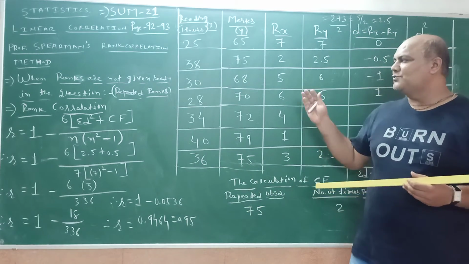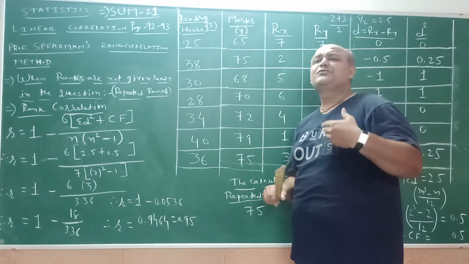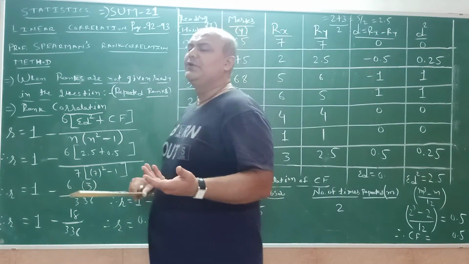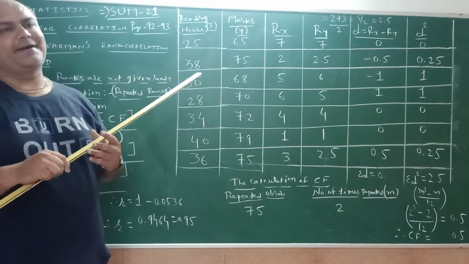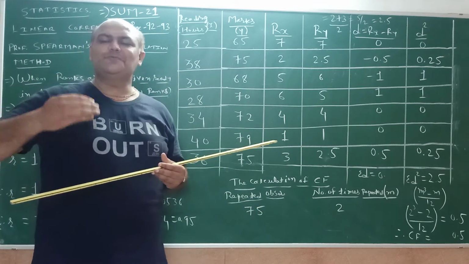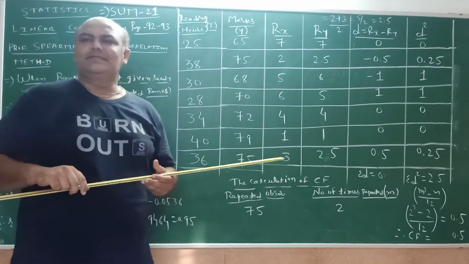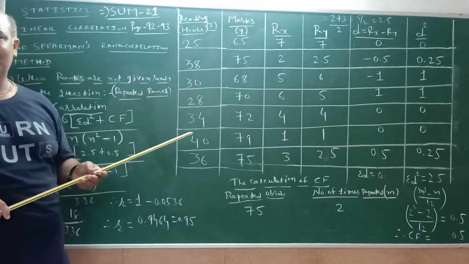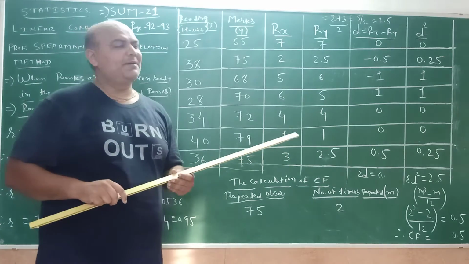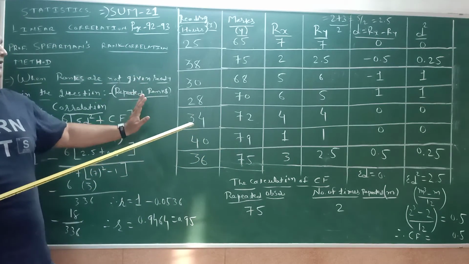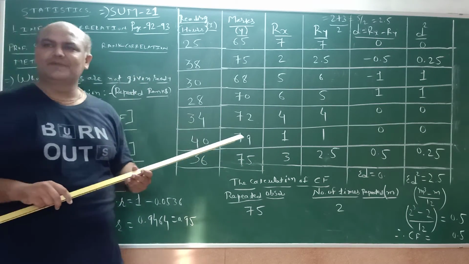So you all are able to understand, and in the next video lecture I will explain when more than one observation is repeated. When more than one observation is repeated, then I take the CF again and explain it in the next sum. So I am confident that you all are able to understand this particular sum.